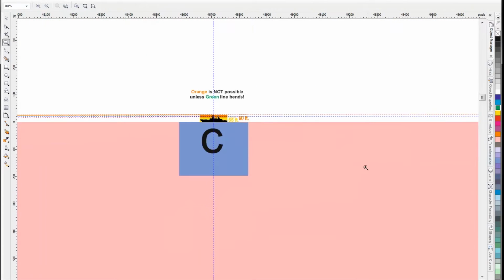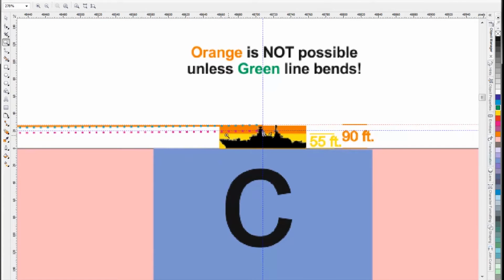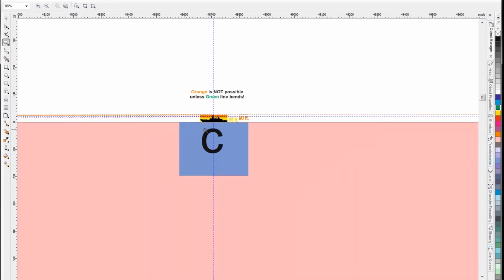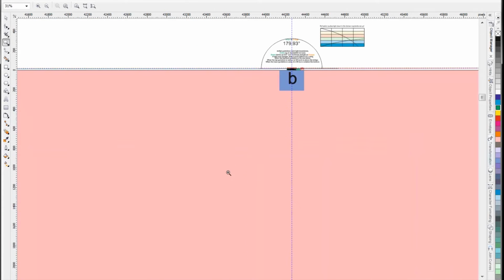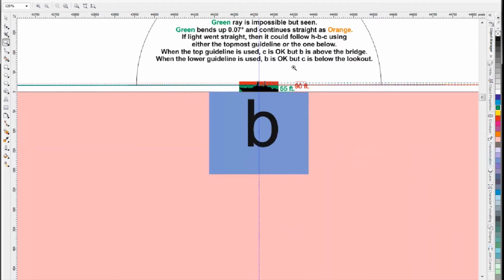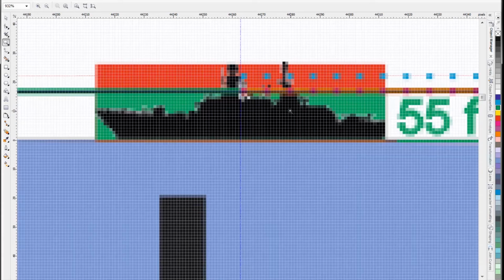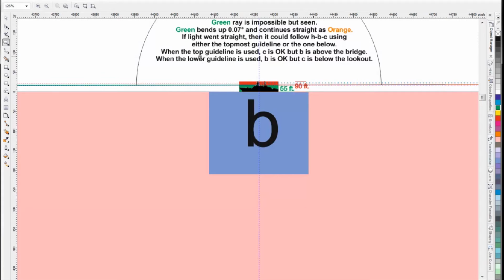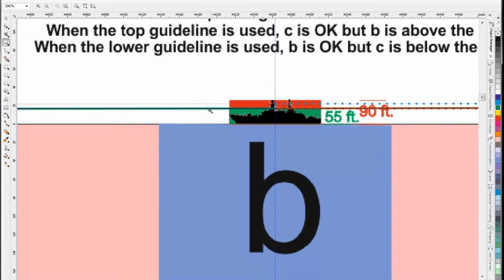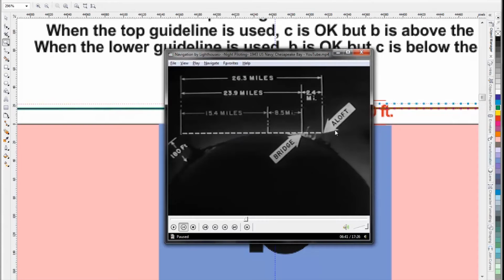If we follow it to point C, it will hit aloft. However, it's not passing from the bridge, it's passing a bit further up. So there's no straight line that will hit both places as noted in the video.